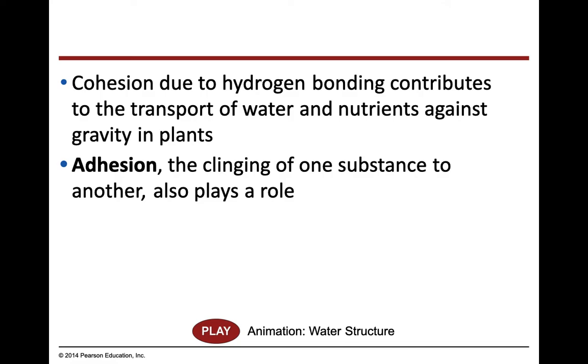And cohesion is really important for fluids being transported throughout a body or an organism, because those water molecules want to stick together. And also, it allows it to have adhesion, which means water molecules can cling to another substance, maybe a vein or an artery in the human body, or the xylem and phloem of a tree when sap is being transported up or down in the spring or fall.